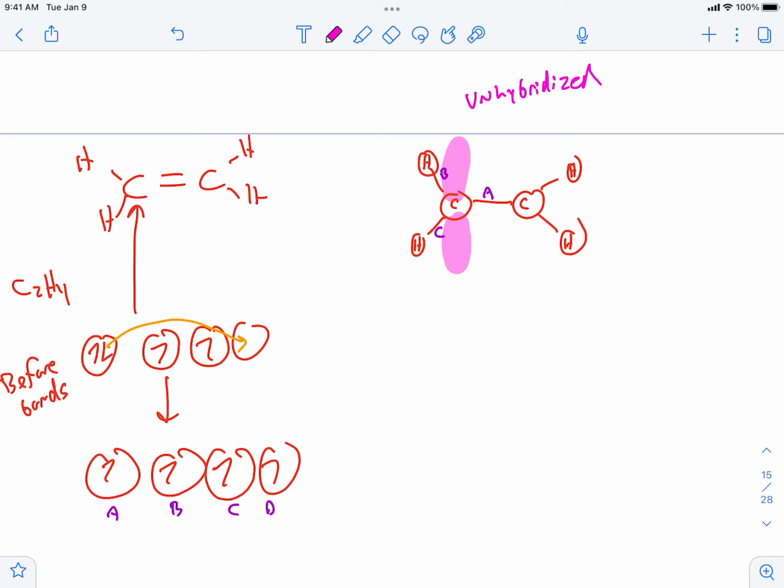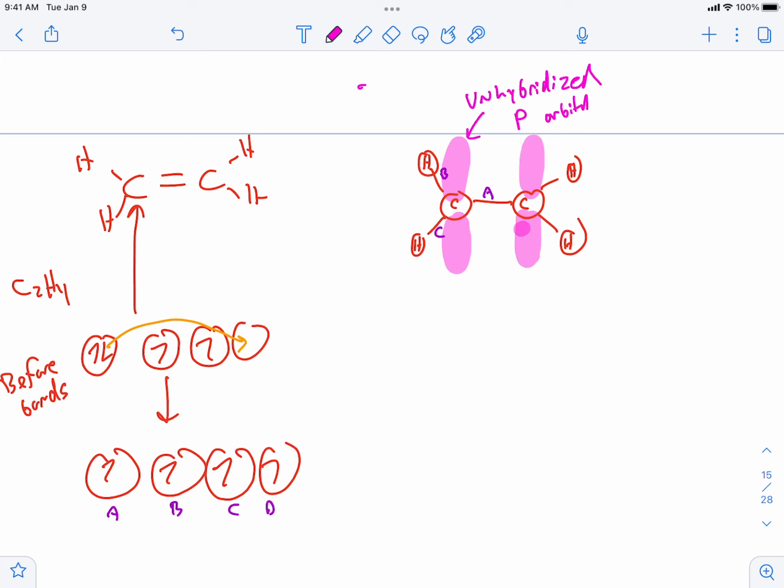an unhybridized p orbital. Remember how p orbitals look like dumbbells? Well, they look like dumbbells unless they're averaged or hybridized, but this last orbital was unhybridized. That's why it still looks like a dumbbell. So that carbon is doing that, and the carbon on the right is identical, so it's also doing this.